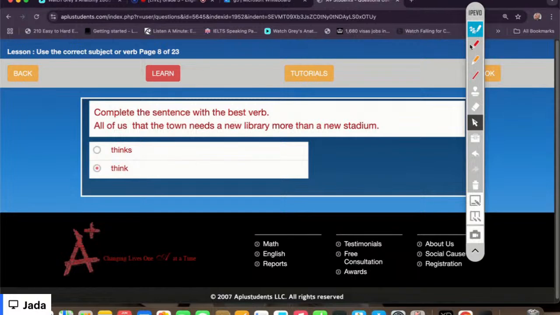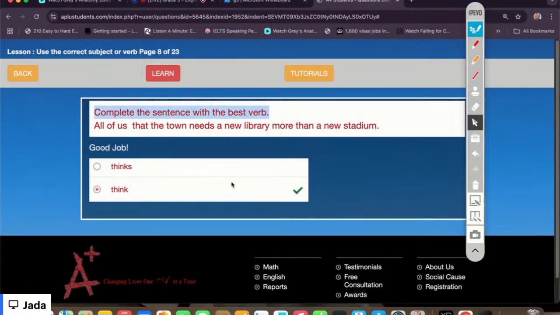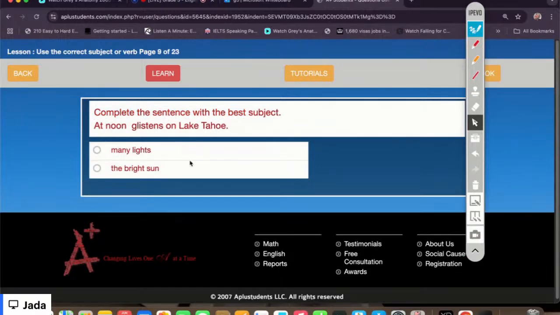Okay, so we have think. At noon, dash glitters on Lake Tahoe.